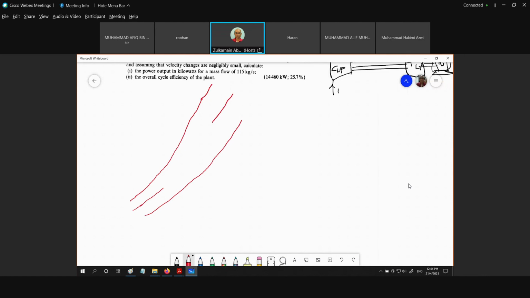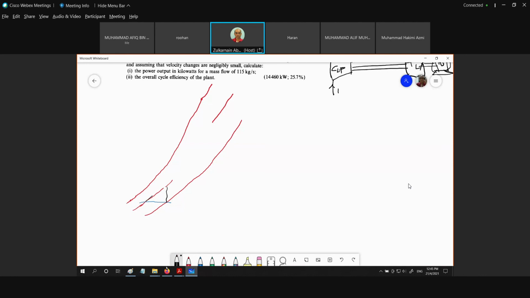Okay? And then we know that there is complete intercooling. So with complete intercooling, the inlet temperatures are the same. Okay. Then after that, we have the same isentropic efficiency. So if the isentropic efficiencies are the same, then we can sketch the first compression process. This is our first compression process.